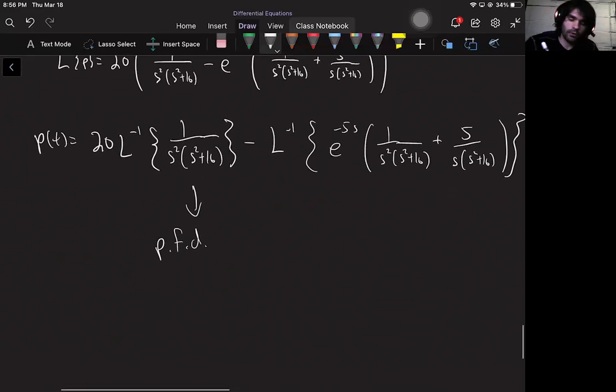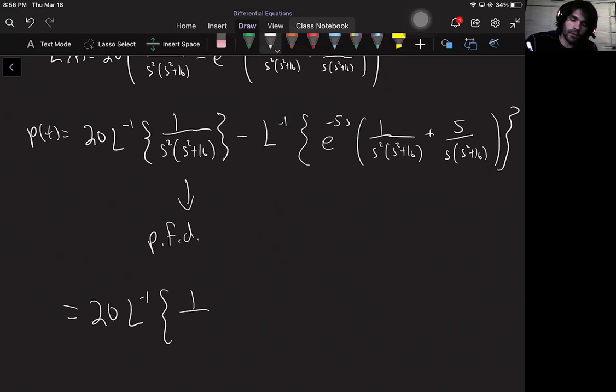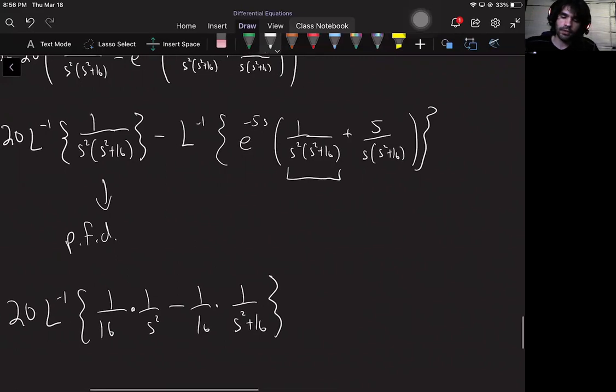So if I do partial fractions on that thing, it'll end up with 1/16 as A and -1/16 as B. So you'll end up as 1/16 times 1/s squared minus 1/16 times 1/s squared plus 16. Notice that that's the same denominator here. So that's going to be the same partial fraction decomposition on that side. So that'll save us a little bit of time.